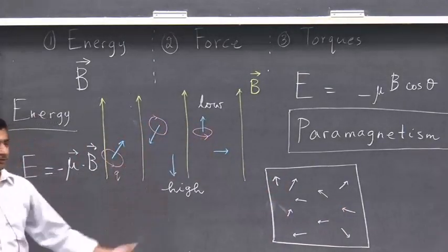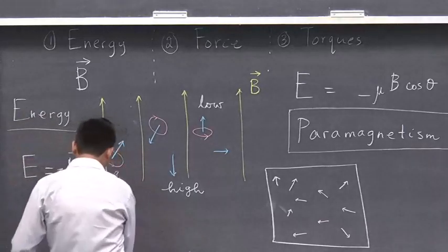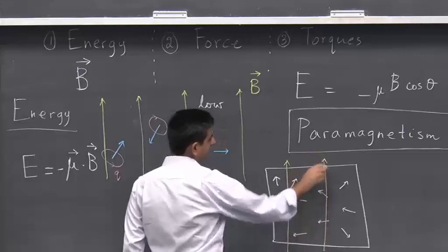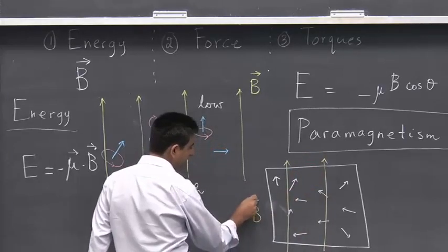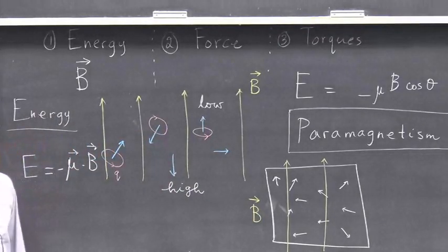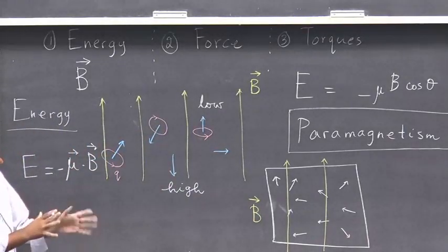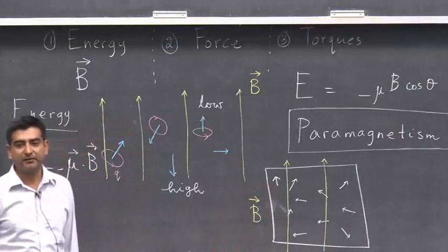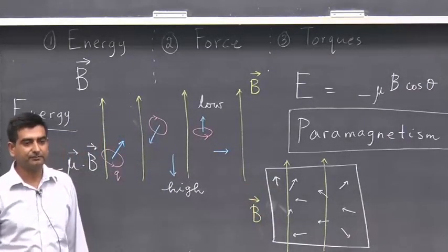And upon this box, you impose a uniform magnetic field B, in a certain direction, and it's uniform. Now different orientations of these magnetic moments will take up different energies.